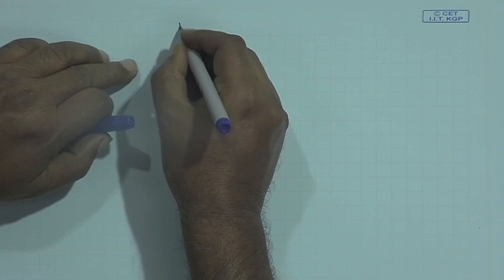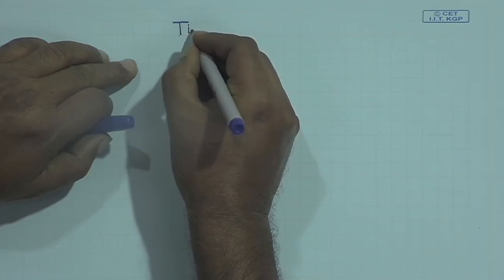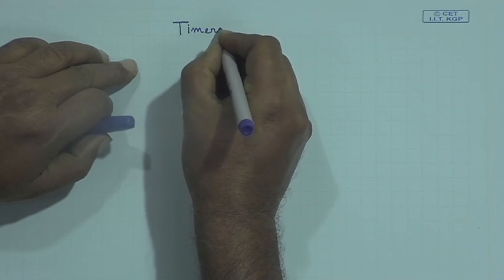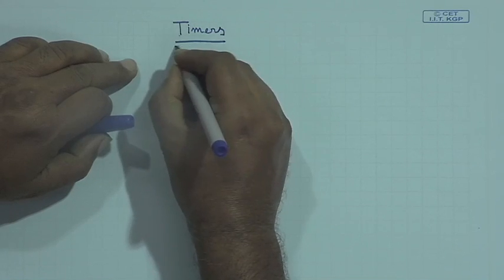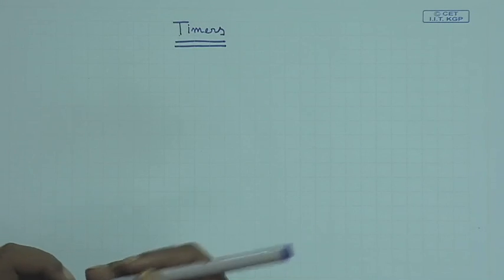Another very important thing that is there in SDL is timers. We have seen timers. In the last class also we specified that timing specification is a very important aspect of any specification of embedded system. So, how do we represent timers in SDL?